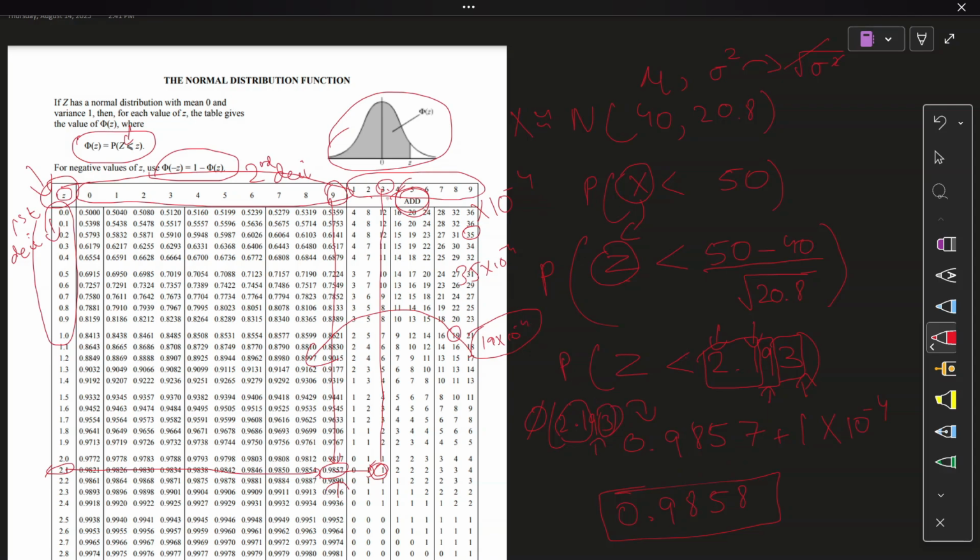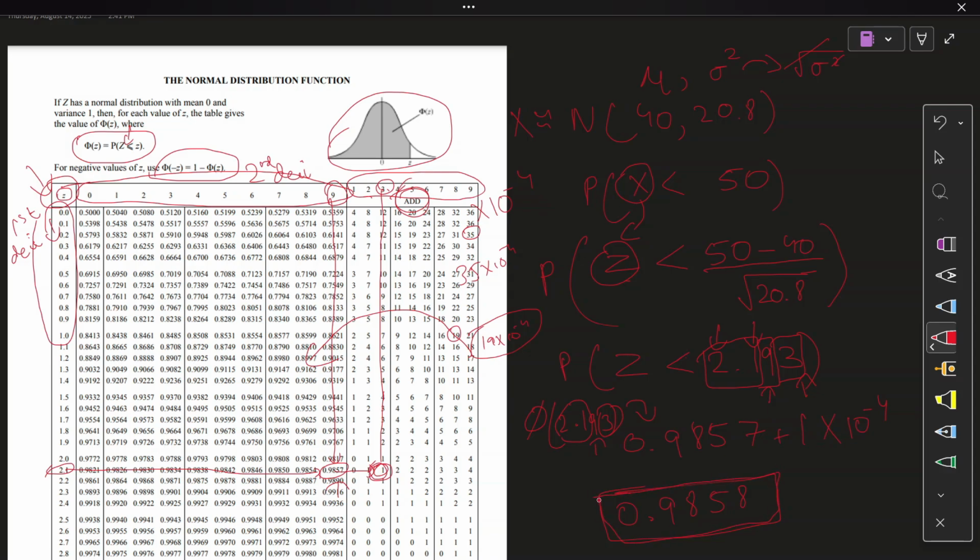Add value is read from the add column. Now you see where they coincide with the 2.1 row, and they coincide at 1. Now keep in mind, add values are already in the powers of 10 to the power minus 4. So we are going to add it to the main value which we found from the first two decimal places, and add 1 into 10 to the power minus 4 to it, and then you get your final answer.